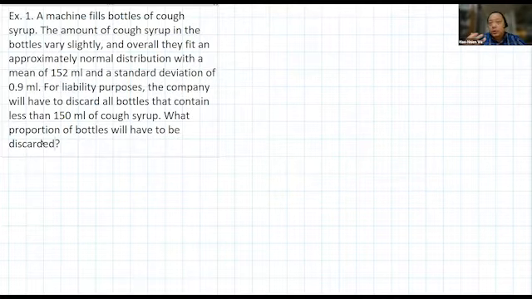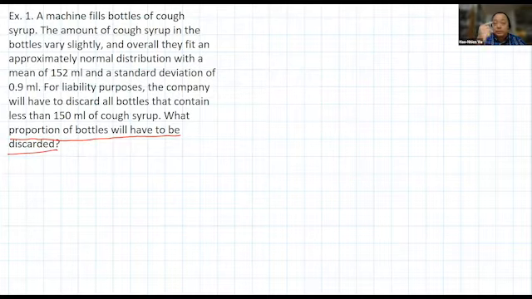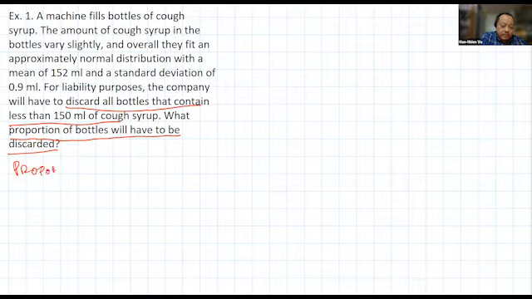First of all, you need to understand what the question is asking. They want to know what proportion of bottles have to be discarded. You read that question, you have to back up one sentence and realize that they have to discard all bottles that contain less than 150 ml of cough syrup. So asking what proportion of bottles will have to be discarded is the same as asking what proportion of bottles contain less than 150 ml.